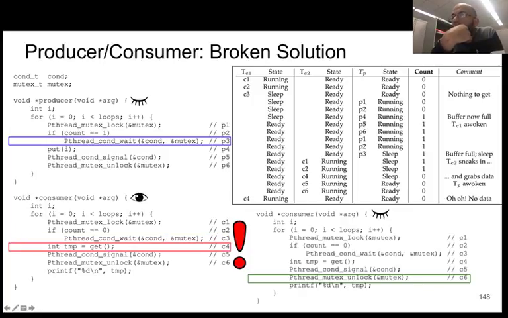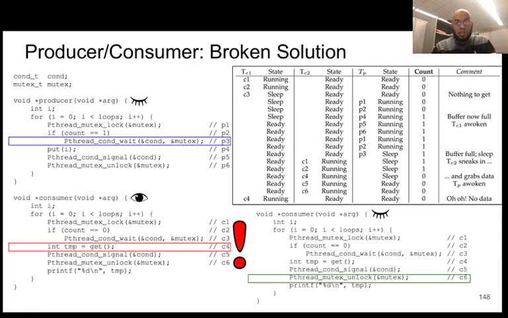TC1 was waiting, if you remember, right? It was checking if count equal to 0, right? And count now is equal to 0. So although the condition basically was signaled to have passed, what happened here is that since you had the same conditional variable working for the producer and the consumers, you had multiple consumers.